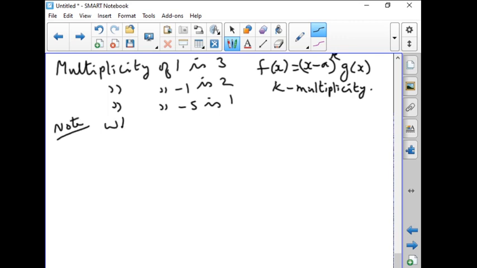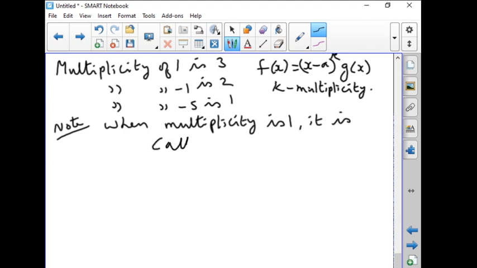So when multiplicity is 1, it is called a simple root. So which is the simple root in this example? Minus 5 is called a simple root.